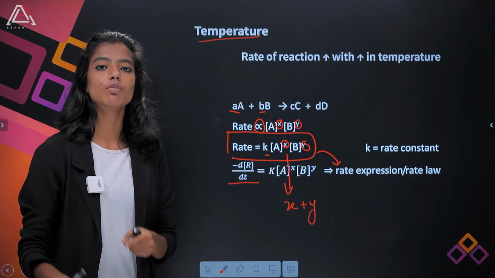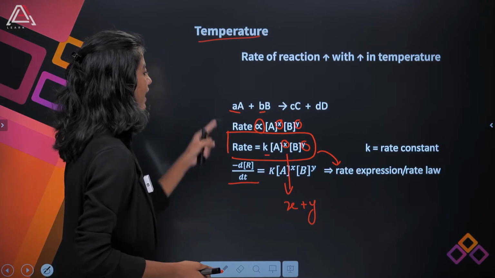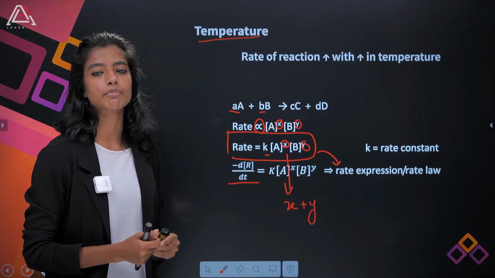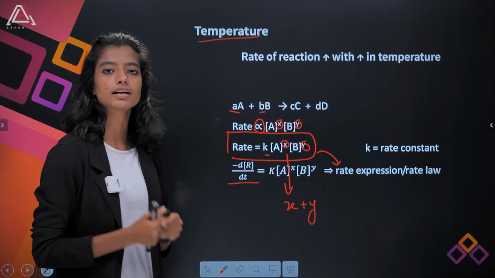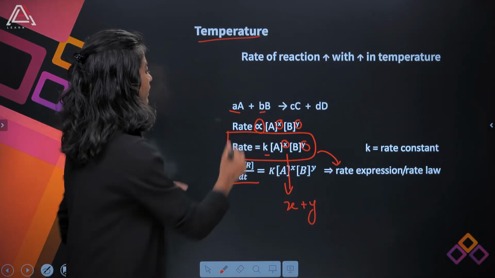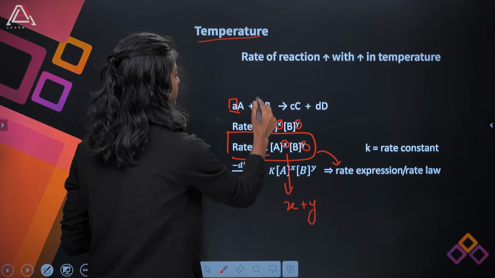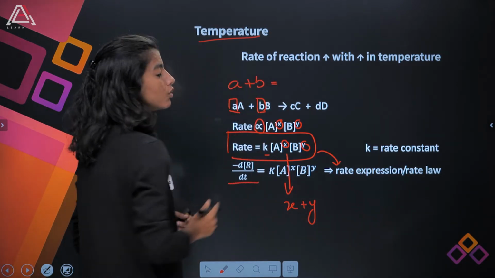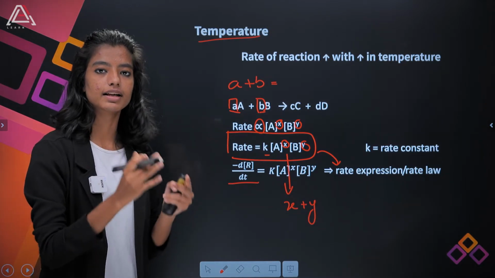Now what is molecularity? Molecularity is the number of reacting species which must collide simultaneously in order to bring about a chemical reaction. There are A and B molecules, so a plus b will give you the molecularity of that chemical reaction.